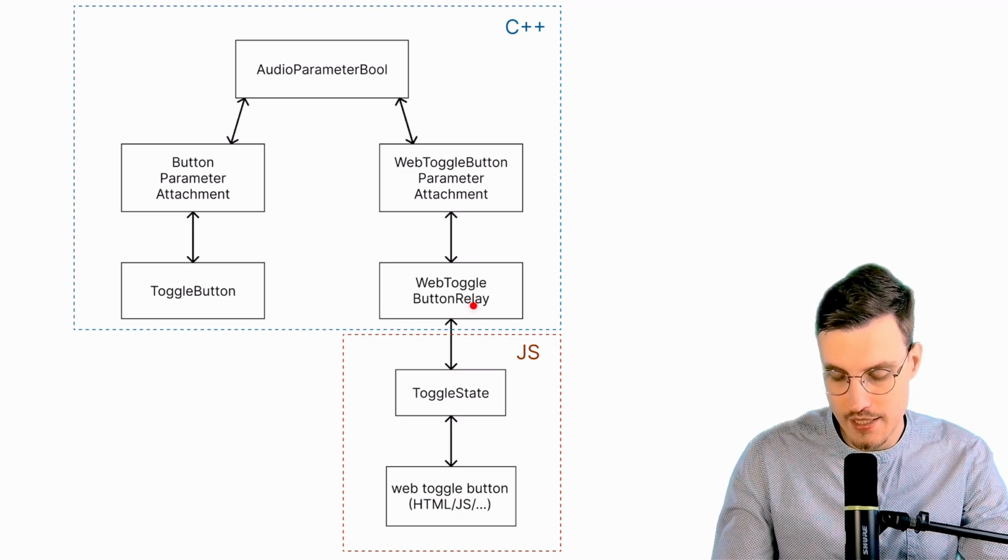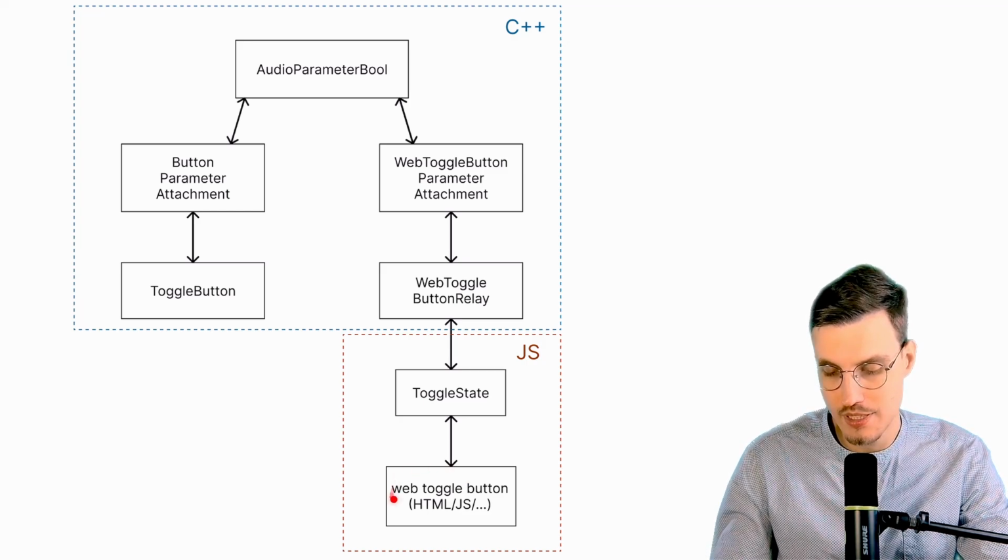Again, this relay class exposes a ToggleState instance in our JavaScript frontend. So in the frontend, we're able to access this ToggleState object that comes from the JUCE framework. And based on this ToggleState, we can create some kind of web toggle button.